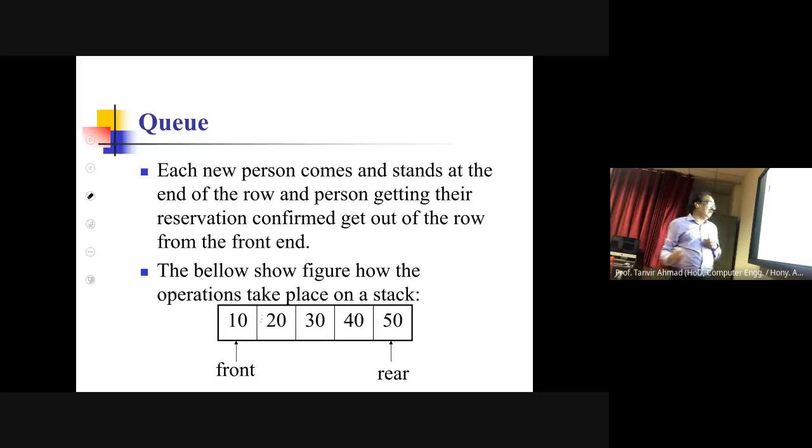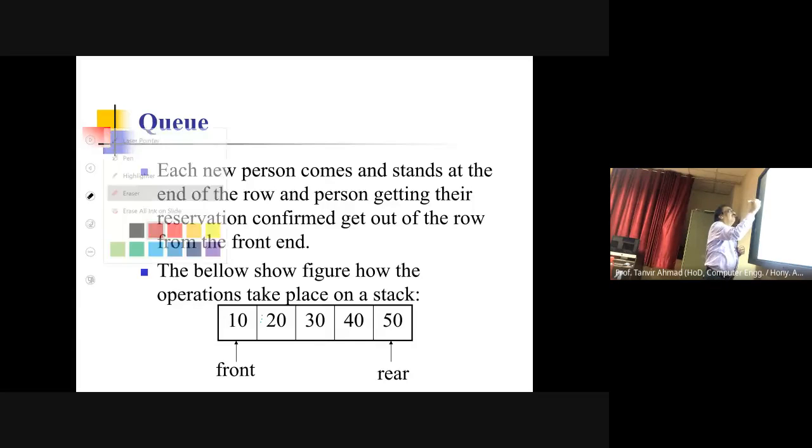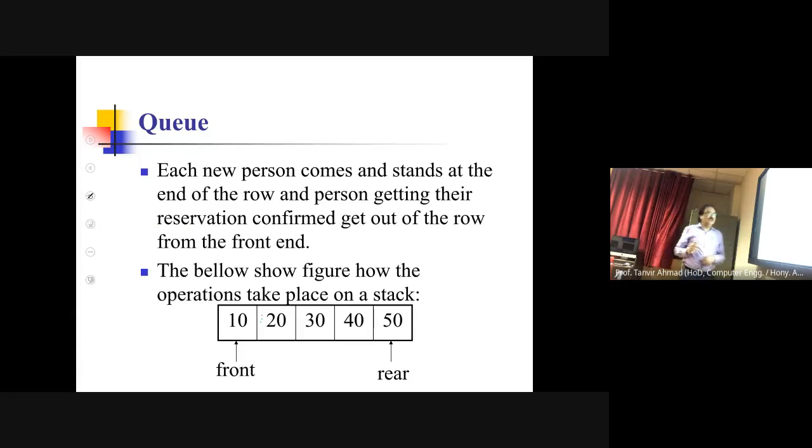Whenever I am going to use this queue, it is basically like this. You can reverse it by 180 degrees, it doesn't make a difference. Either you put front at this side or rear at this side, or you can interchange them. You are just rotating it by 180 degrees. This is how you are going to visualize a queue.